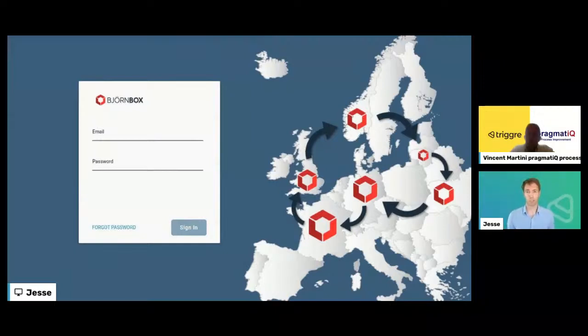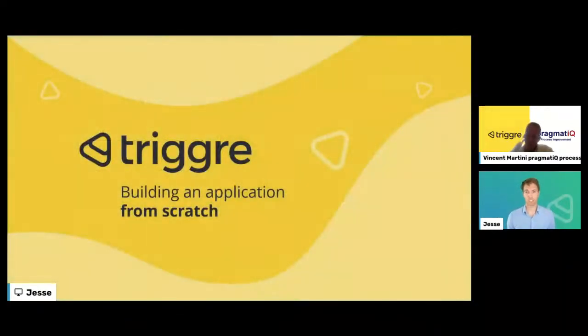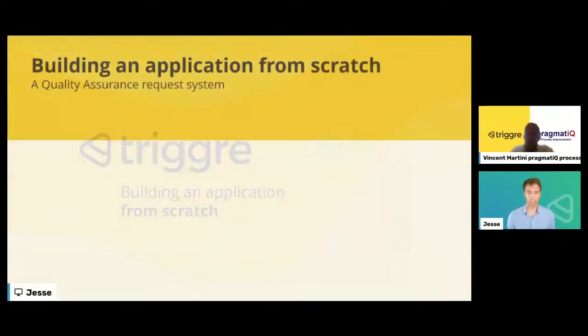We have a lot more cases that are done, but obviously, what we're here for today is seeing an application built from scratch. We discussed a little bit of what we're going to do, and we came up with this idea that we're going to build a small quality assurance application.